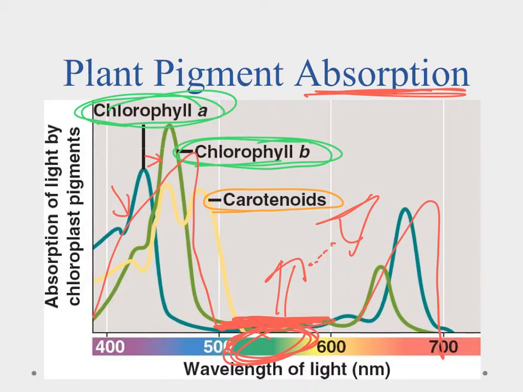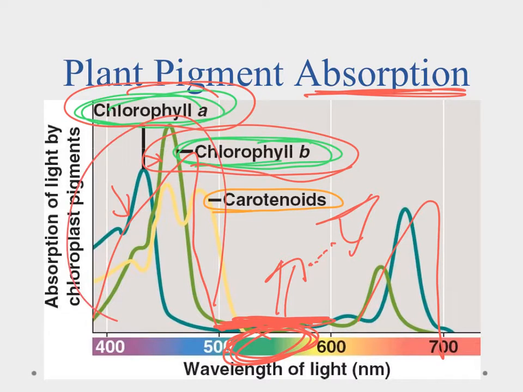It absorbs all of the other wavelengths except for the greens, and that's what's being released and what we can see. These chlorophyll pigments are absorbing the energy from the sunlight except for the green, and that's where the plant gets the energy for photosynthesis to happen.